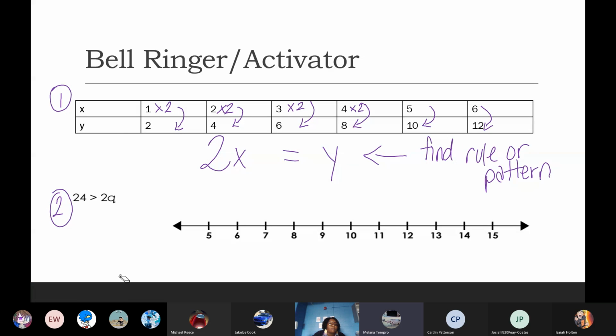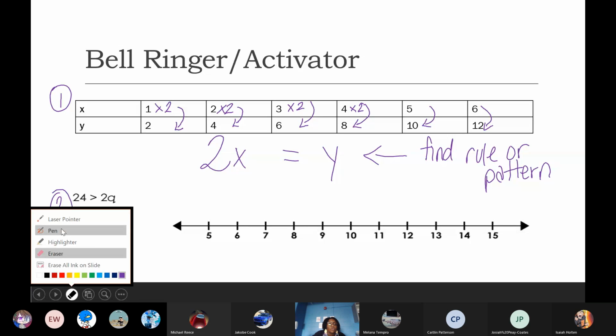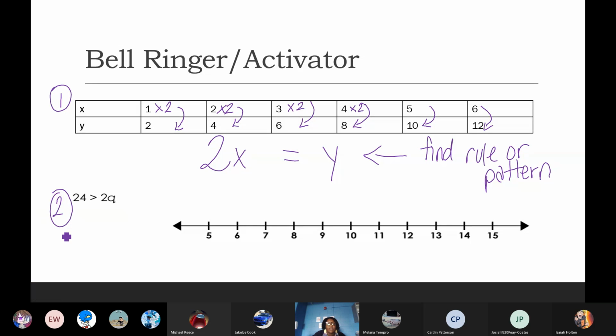Okay, let's look at number 2. Do I have Jacoby here with us? Yes, ma'am. Okay, Jacoby. So we're looking at number 2, and I want us to treat this like an equation. We see 2 times Q. Q is our variable.